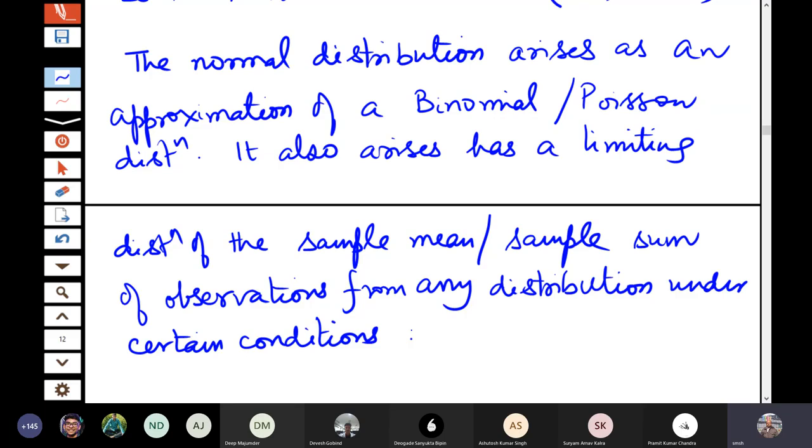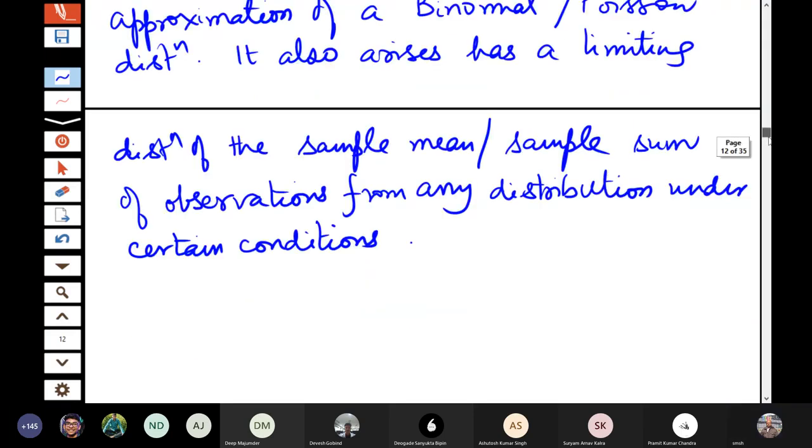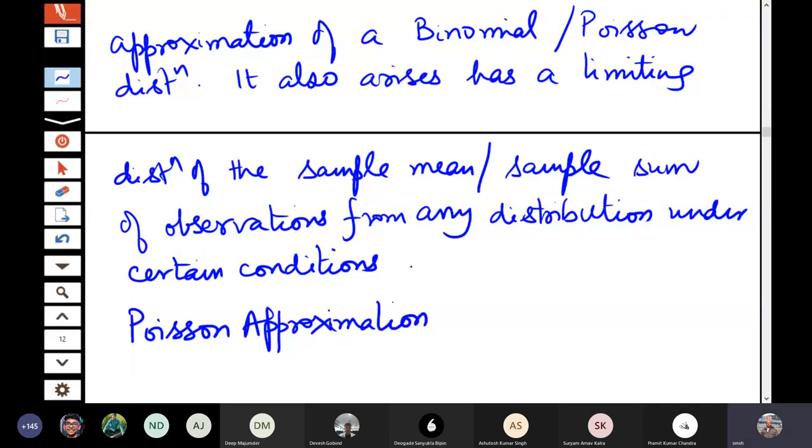So I will give you some of these basic results here. First I consider the Poisson approximation to normal.